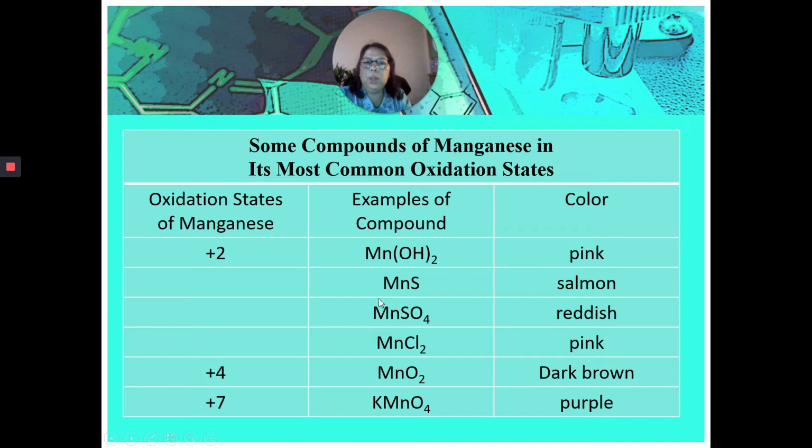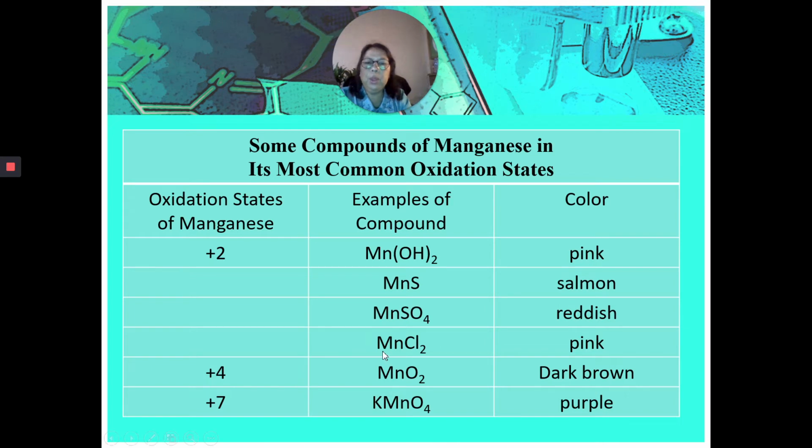And then you have also manganese sulfate. It is pink orange or salmon in color. It has this reddish tint color, but it's not pink. It is more on the reddish side. It is not even fuchsia. It is more red than fuchsia.